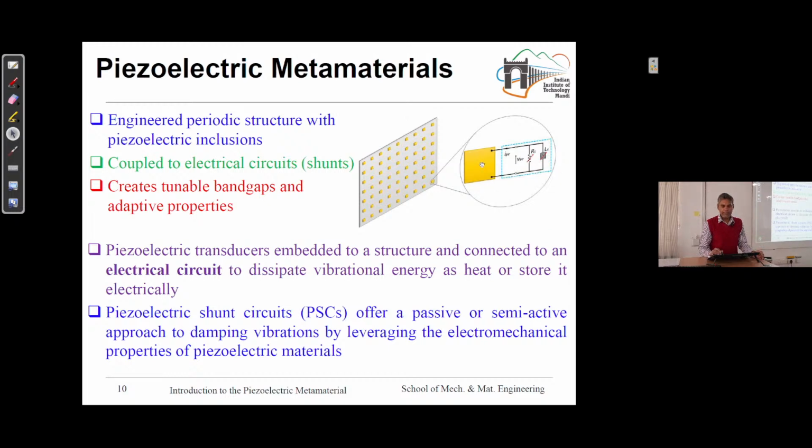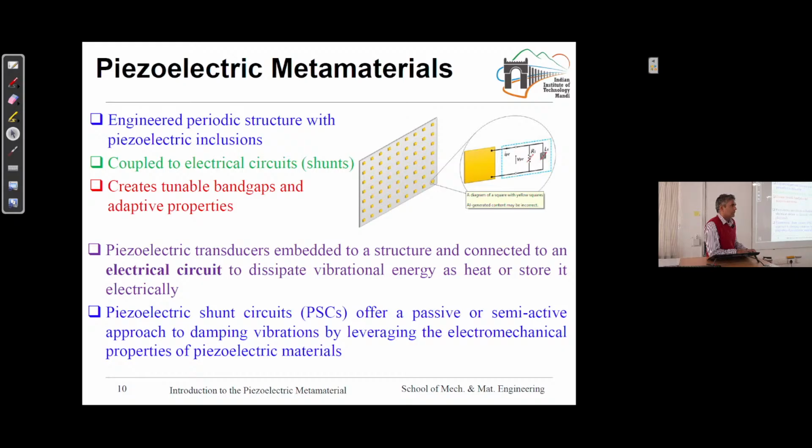So we have capacitor, inductor, and resistance, and so we have the shunt circuit. When we have vibration waves, the piezoelectric material will have energy. That energy can be changed into heat energy with the help of this circuit. In this way we can control the vibrations.